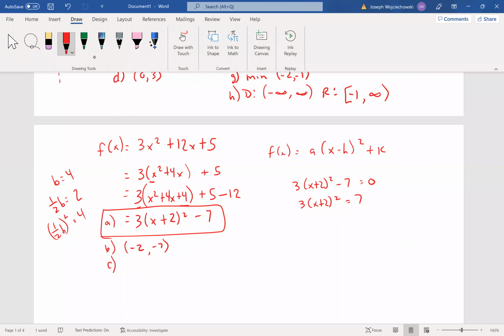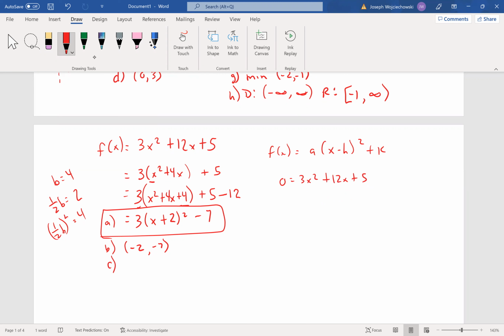Yep, that's not how we looked at it. They use the original equation. That'll work. Let's go back to that. So if I need 0 to equal 3x squared plus 12x plus 5.